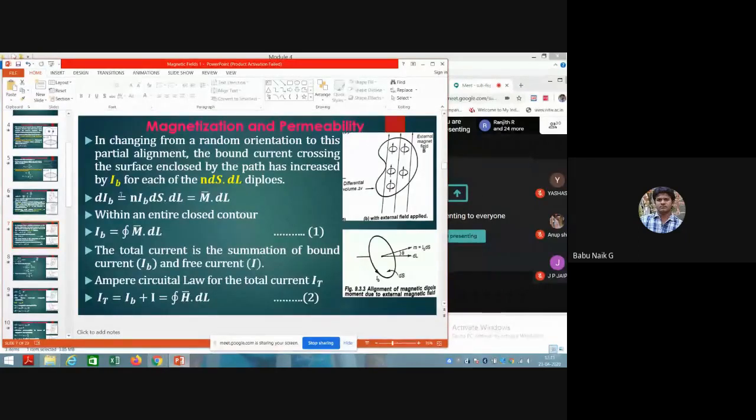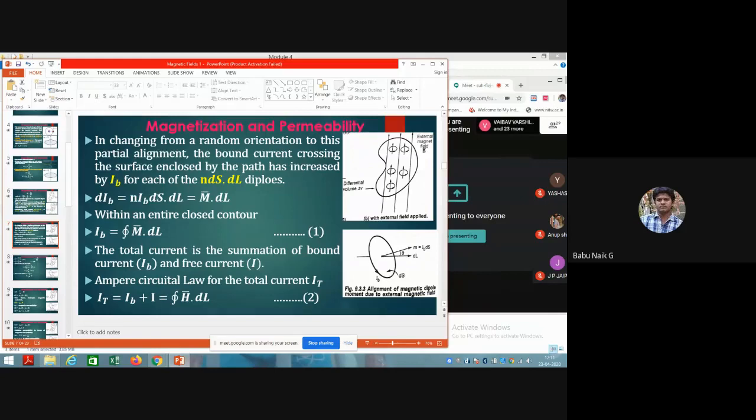Where this n Ib ds is nothing but magnetization, which we have seen is defined as the ratio of the total dipole moment over this volume, delta v. Now here also the same thing, n into Ib ds is completely the dipole moment per unit of volume, delta v.